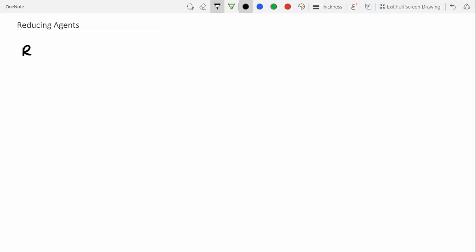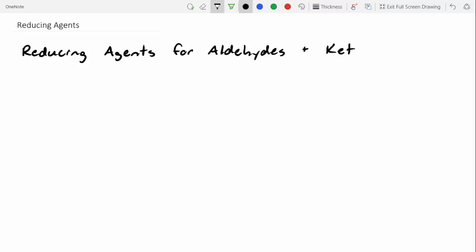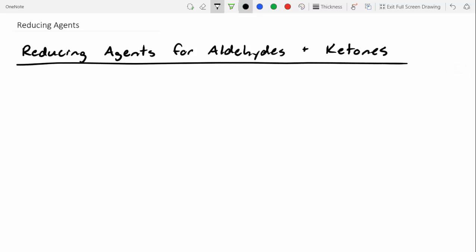So let's do reducing agents for aldehydes and ketones. All right, there's one reaction they love to show in your book, and so I'm going to present it, and then I'm going to tell you guys to ignore it.